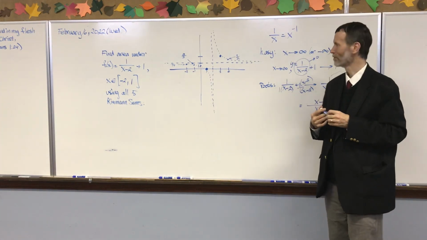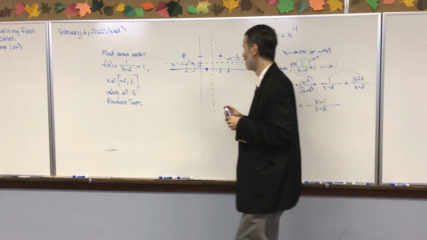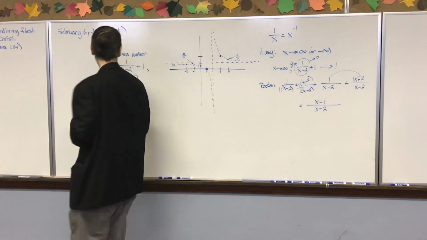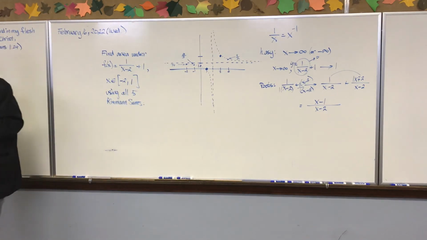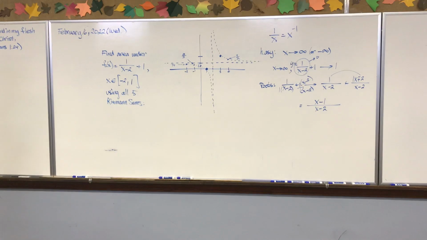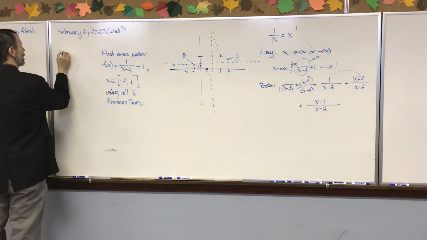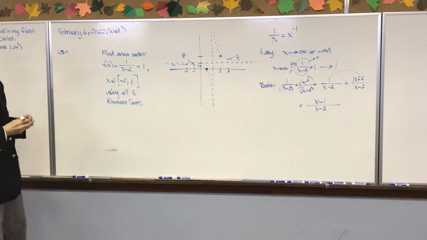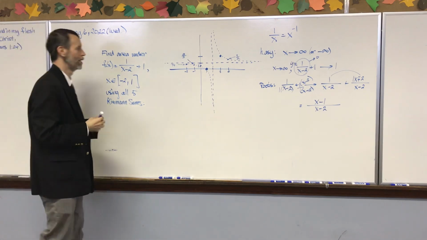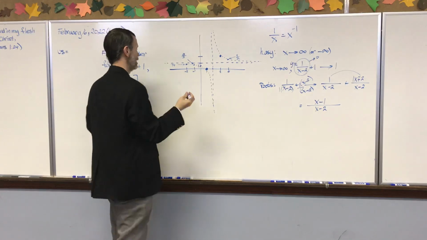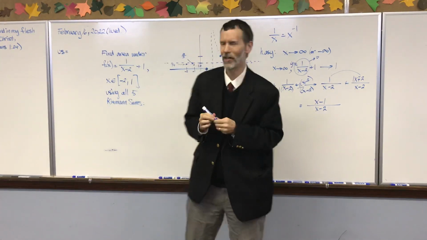Talk me through it. How do you do an upper sum? Look at the highest point. The highest height. Now, how many slices are we going to be talking about here?